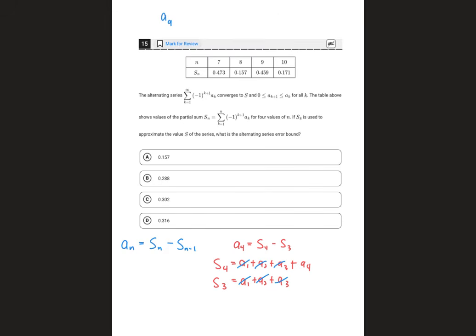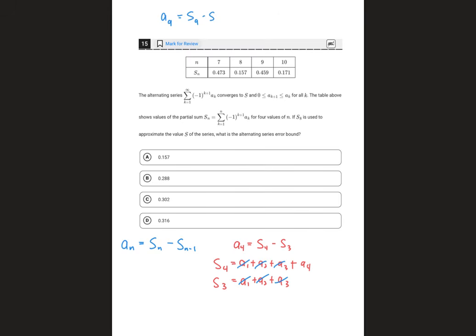Okay, but these aren't terms themselves, right? Notice this says S sub n, so this is the sum of the first 7 terms, sum of the first 8 terms, sum of the first 9 terms, sum of the first 10 terms. Okay, so we've realized from the work down below that this is really just S9 minus S8.